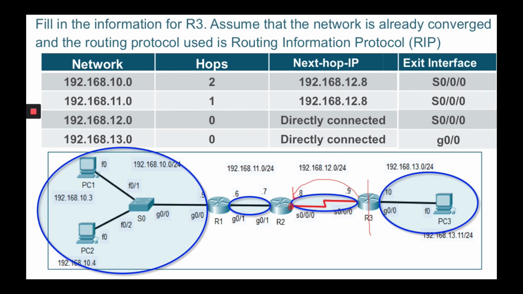Next hop IP address means when I hop to this router 2, I'm not calling the exit interface, I'm calling the IP address. So if the question asks you about the next hop IP, you should give the answer in IP address format. Okay, I hope this is clear.